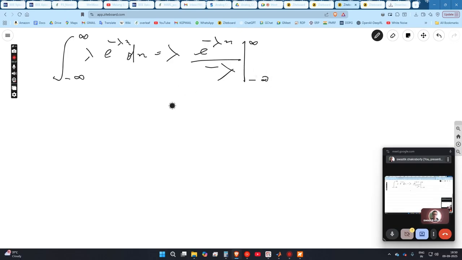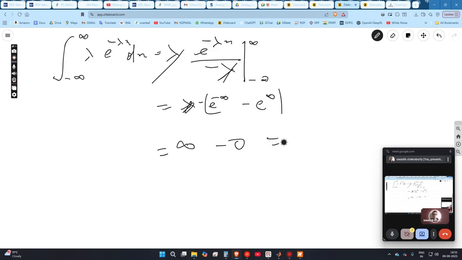Putting in infinity, you get e to the power minus infinity, and for minus infinity you get e to the power infinity. The lambda cancels, so it is just minus 1 into this. Ultimately it is 0 minus infinity, because e to the power infinity tends to infinity and e to the power minus infinity tends to 0. So this tends to infinity. So it is not equal to 1.